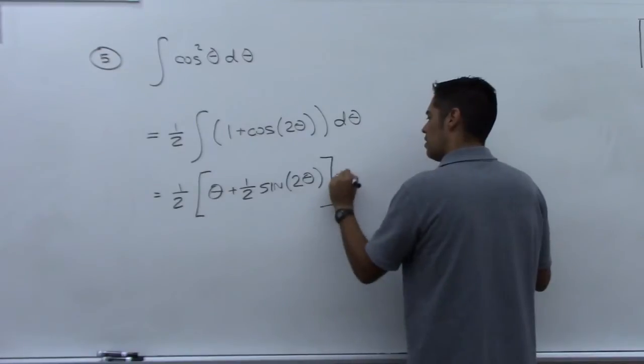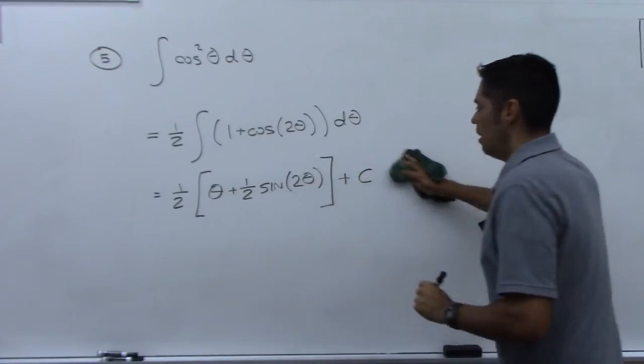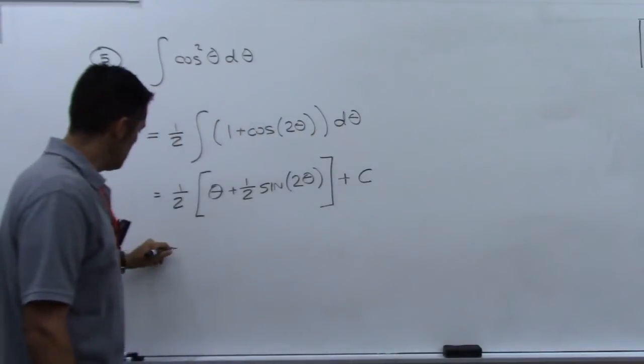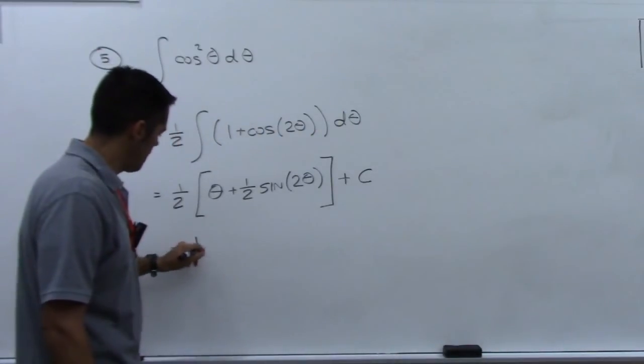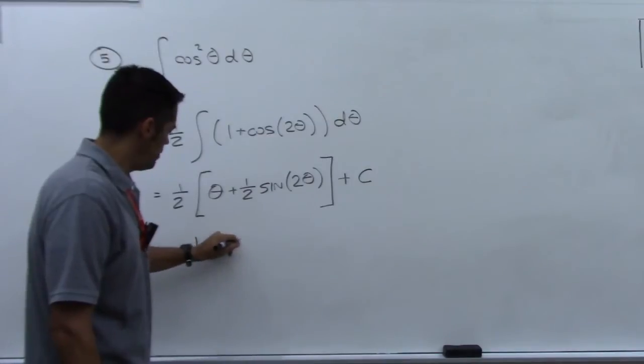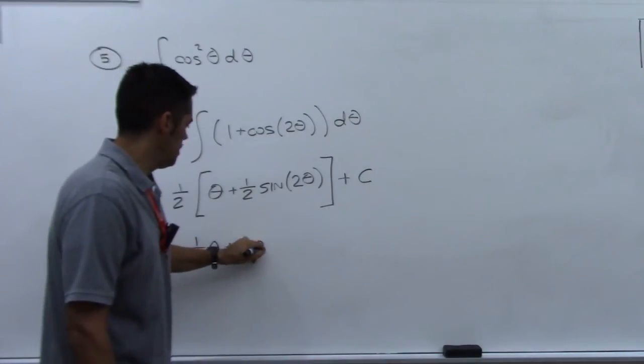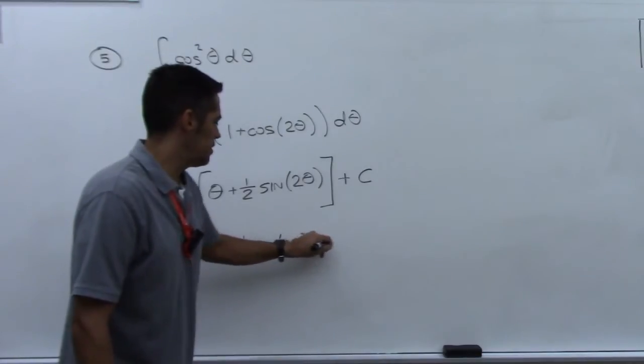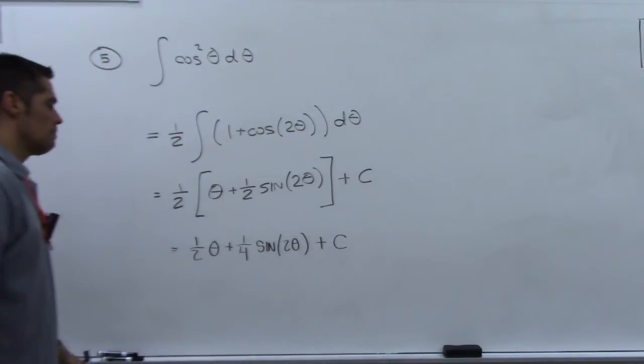And then this plus c, and distribute the 1/2 through, and you get 1/2 theta plus 1/4 sine 2 theta plus c. We're done.